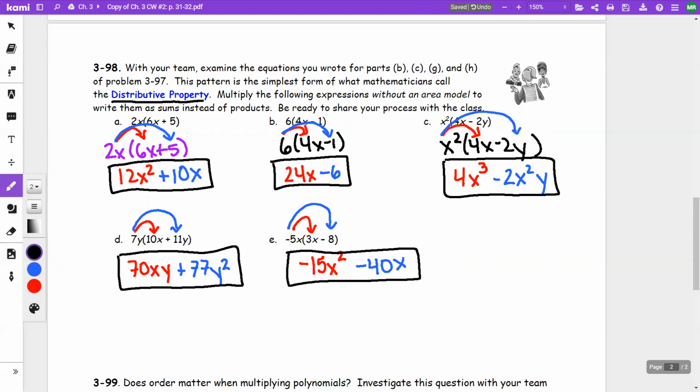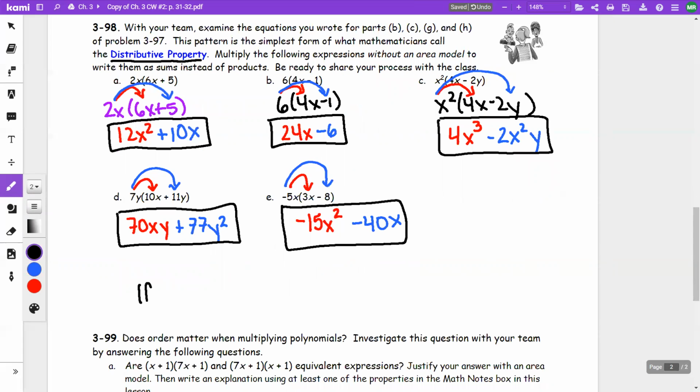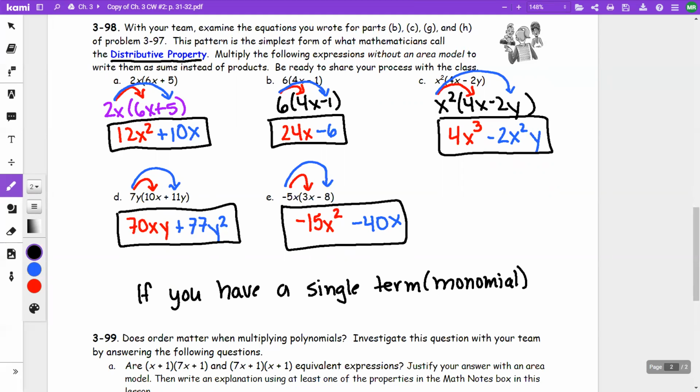Let me just do this so I don't highlight over the square. So basically, if you have a single term, which we call a monomial, times any polynomial, okay, all of these are polynomials.